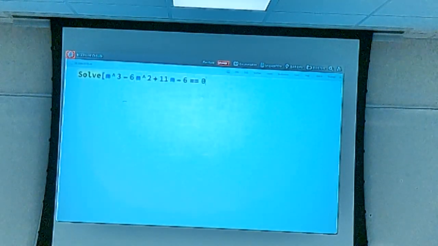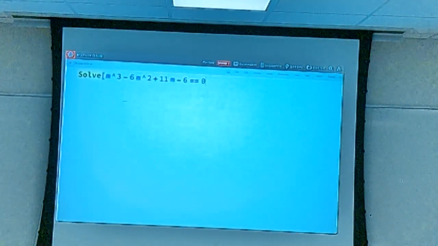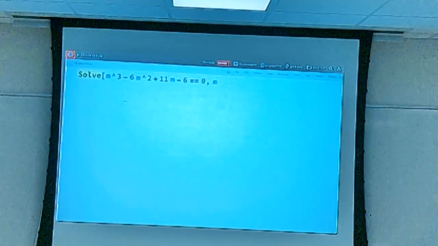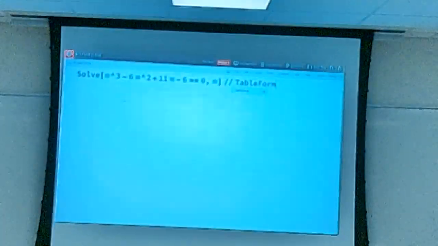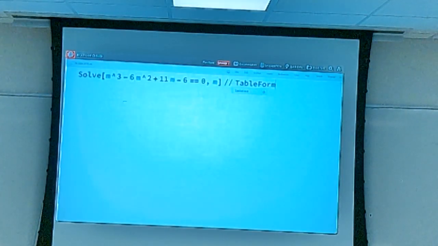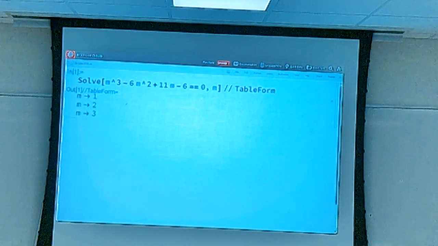And notice with Wolfram, you have to use a double equals. And then with respect to what? m. I also like to do this. It's just the layout, it's not mandatory. There are your 3 solutions.